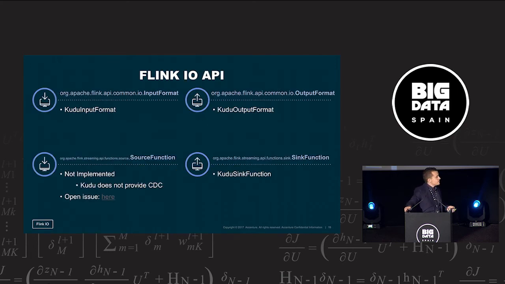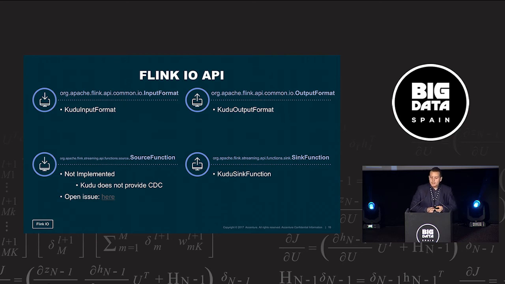So these are the base classes of Flink that we have to implement in order to develop our connector. We have two for the batch API, input format and output format, and two for the streaming API, source function and sink function. So let's start with the input format.